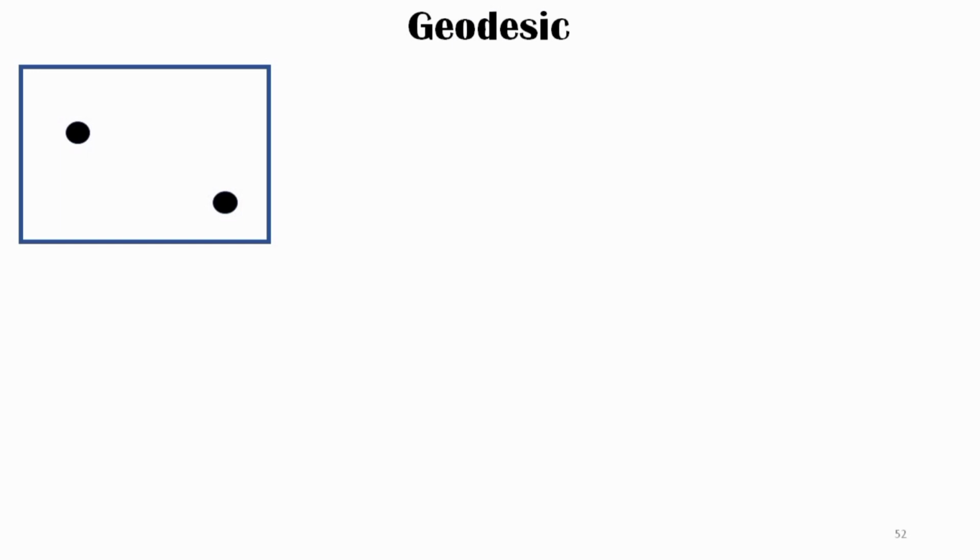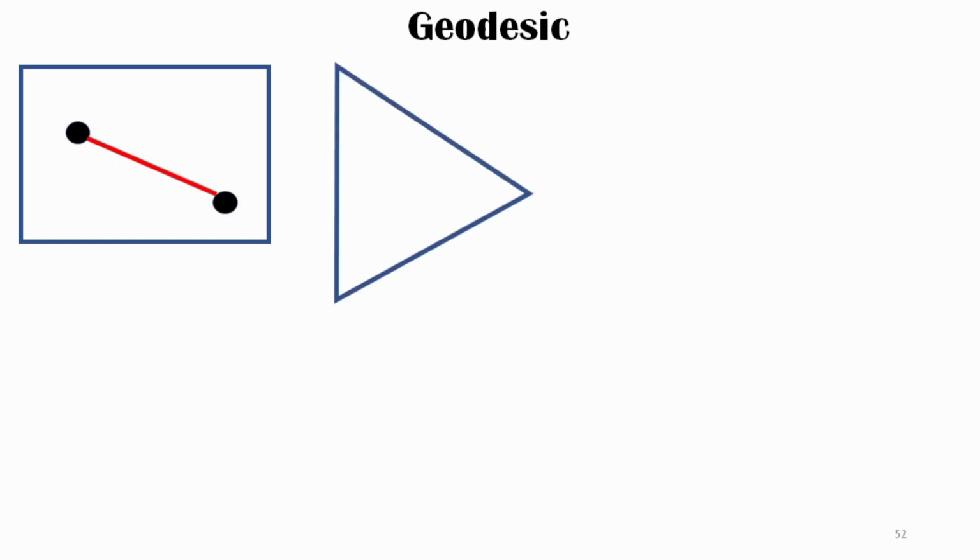Geodesic, geo means earth, so it is basically measurement of the earth, but I will take certain simple analogies. So here is a flat surface, right, and there are 2 points. How do we move from one point to the other? We take a straight line, obviously. Now if you take a triangle which is also flat, and we take 2 points, how will we move?